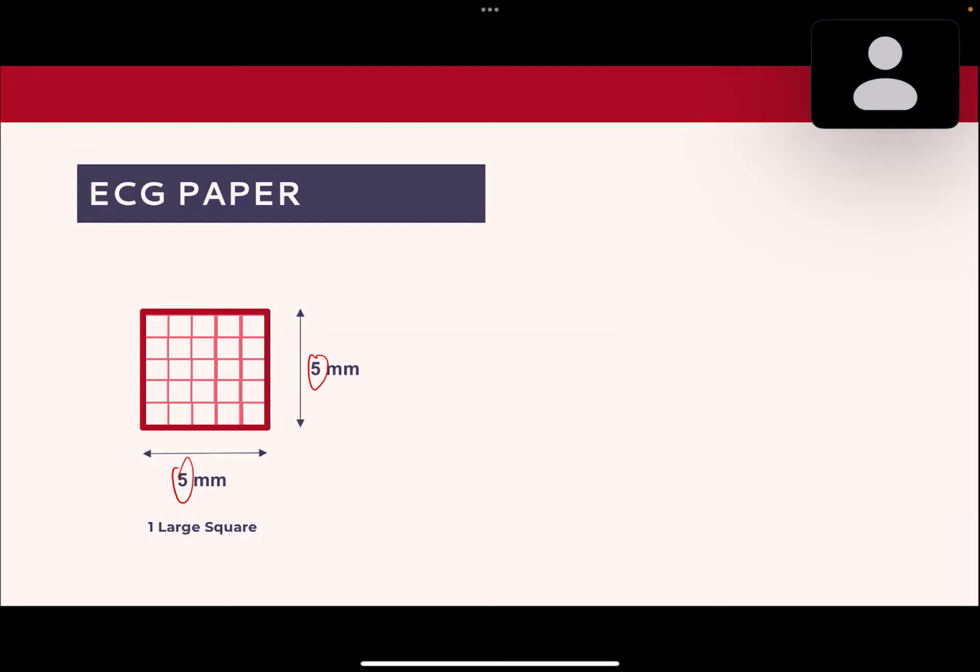So each large square, its y-axis is going to be 0.5 millivolts or half a millivolt, okay? And the x-axis is going to be your duration. So each large square is going to be 0.20 seconds. And if you guys memorize this, it's going to help you a lot in the future slides. Again, the x-axis is for duration and the y-axis is for voltage.